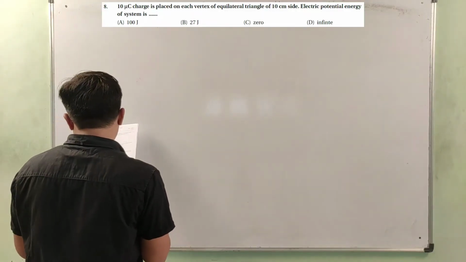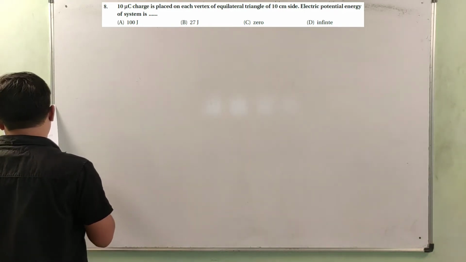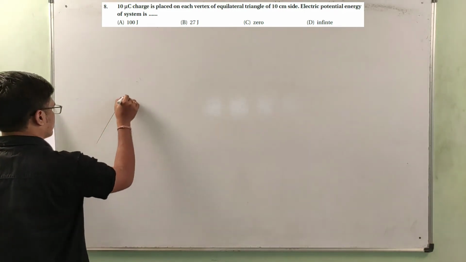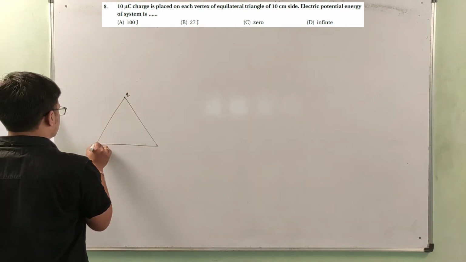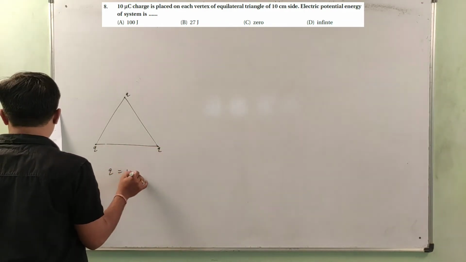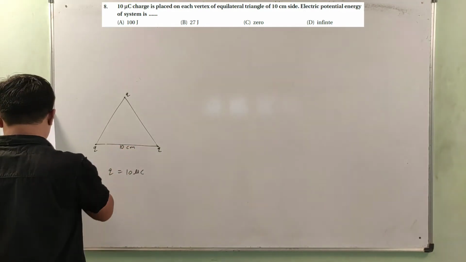Question number 8. A 10 microcoulomb charge is placed on each vertex of an equilateral triangle of 10 centimeter side. The same charge is placed on all vertices, that is 10 microcoulomb, of side length 10 centimeter.